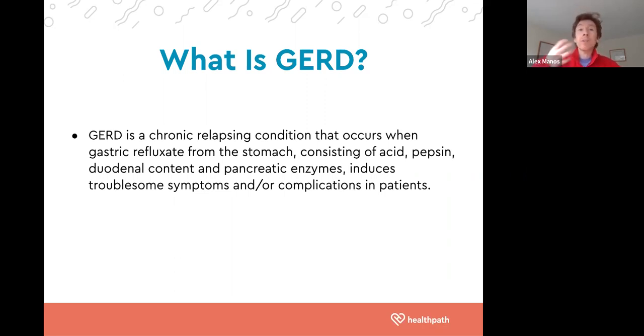This refluxate can include actual hydrochloric acid, which we produce in our stomach, pepsin, which is essentially a hormone involved within the cascade of hydrochloric acid production, duodenal content. The duodenum is the first part of your small intestine. But also pancreatic enzymes. So any of these in their own right can contribute to symptoms within the esophagus.